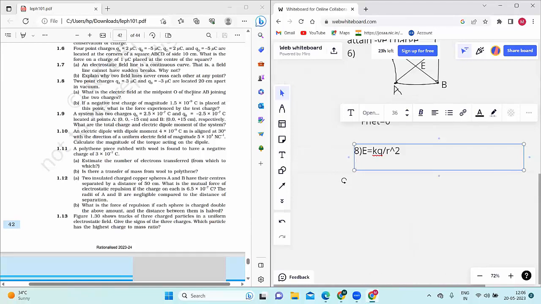So electric field E equals KQ by R square.